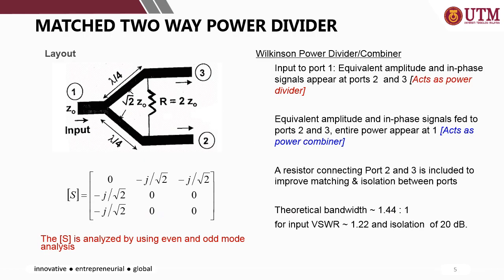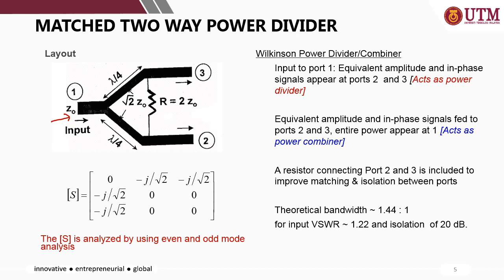For a matched two-way power divider, or Wilkinson power divider, if you have the input being divided into port 2 and port 3 equivalent in amplitude and also in phase, it is a matched power divider.